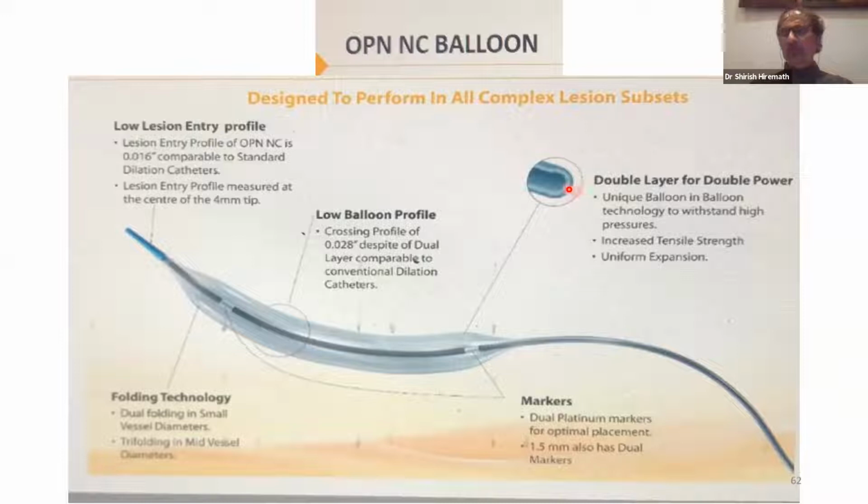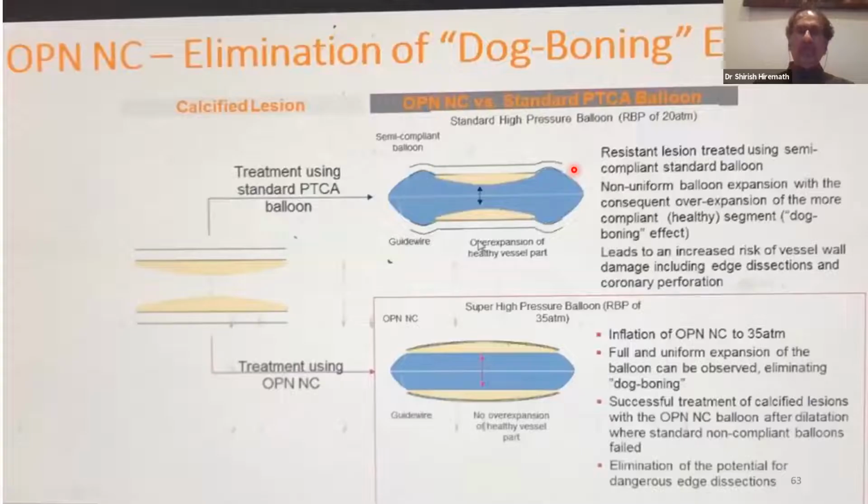So even when you go high pressure, if the inner layer gives way, you have an outer layer which does not allow the contrast to come and hit the vessel wall freely. So you might get balloon perforation, but you will not get a vessel perforation. And that is the safety which this balloon can offer.